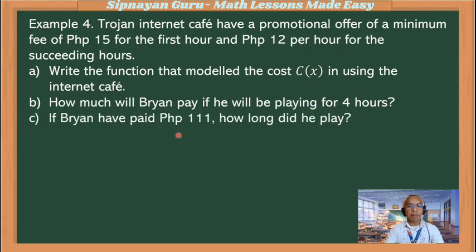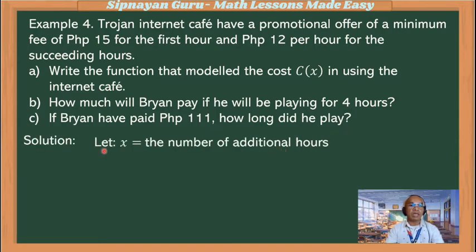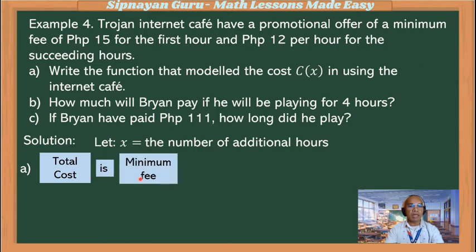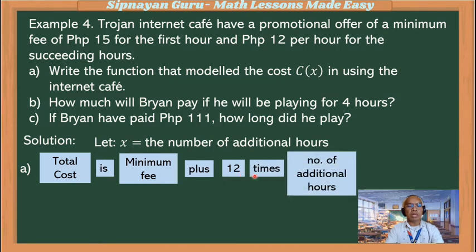If Brian has paid 111 pesos, how long did he play? In this case, we will now let X be the number of additional hours. So the total cost in using the internet cafe is the minimum fee plus 12 times the additional number of hours.